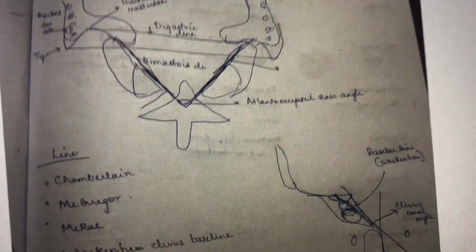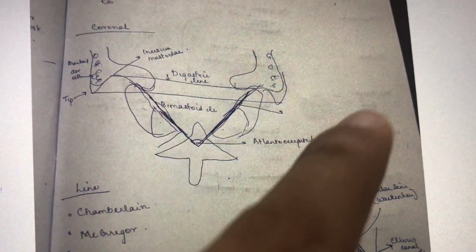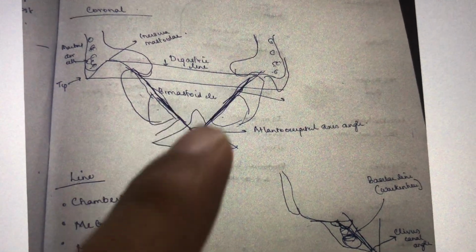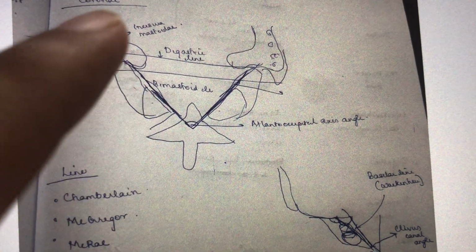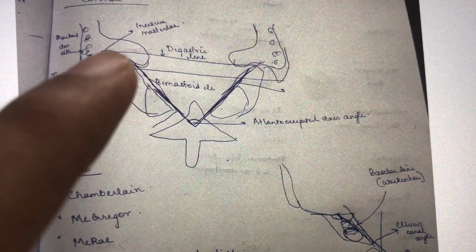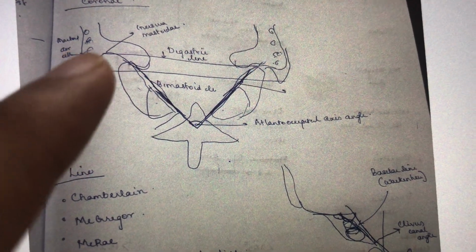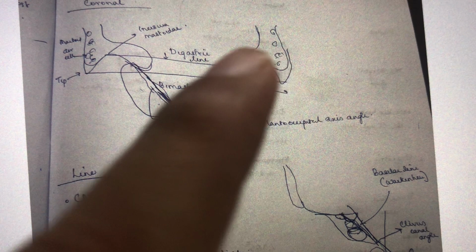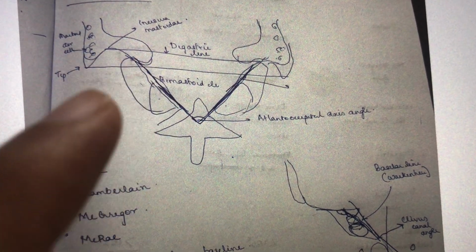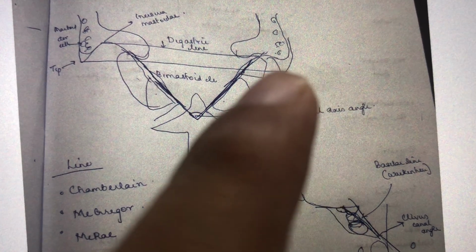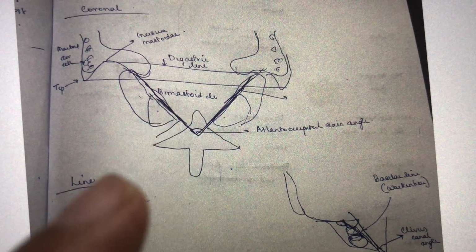Also on the coronal plane there are three lines. This is the incisura, this is a mastoid. You can see it's a coronal plane, this is the dens, and this is the atlas. This is the atlanto-occipital joint. So there are three lines. One is the incisura mastoidea, so draw a line. This is known as the digastric line, and this is the tip of the mastoids, easily seen. Draw a line. This is known as the bimastoid line.